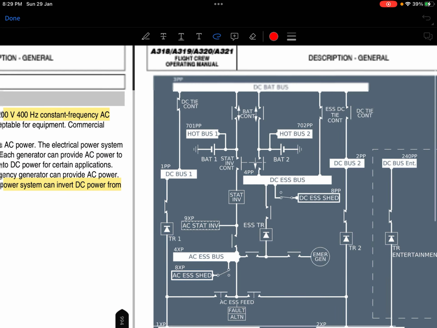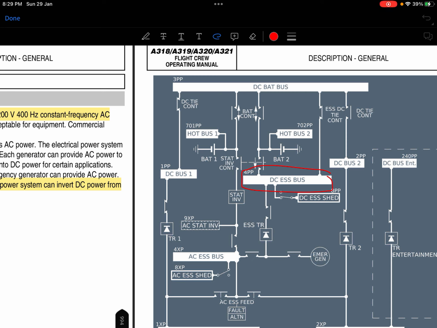Okay, these are the contactors by which these batteries are connected. These are the battery contactors which are connected with those two push buttons of batteries, right?